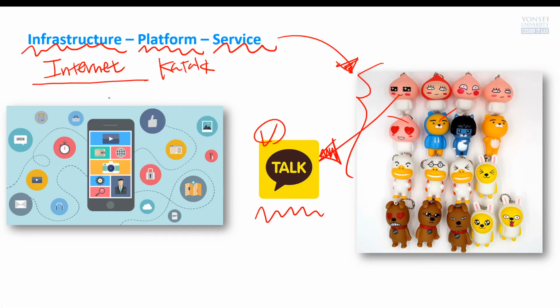As you know, Korea invested a large amount of money to build this kind of high-speed internet infrastructure. It's hardware, right? Since the 1990s: Wi-Fi network and 2G, 3G, and nowadays 5G network.